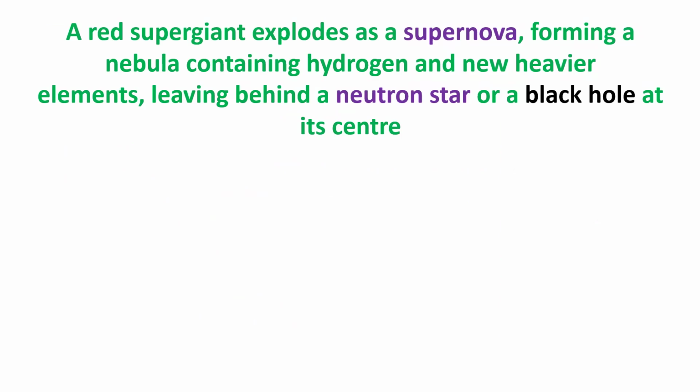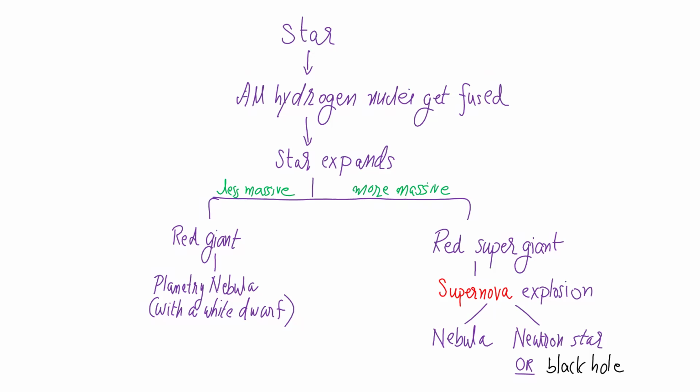Black holes got very much fame because of their mention in fiction and science related movies. But actually, a neutron star is also a beast, a huge object in our space. The red supergiant supernova is exploded, and then you end up with a nebula and a neutron star or a black hole.